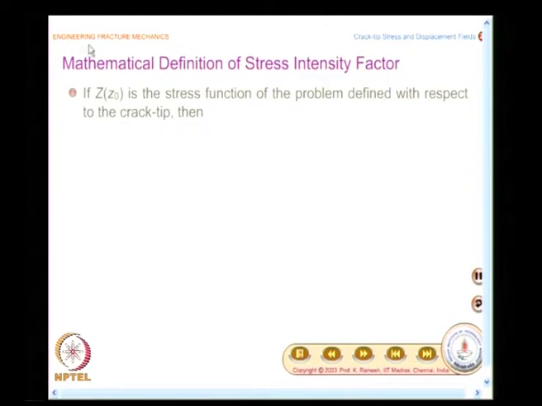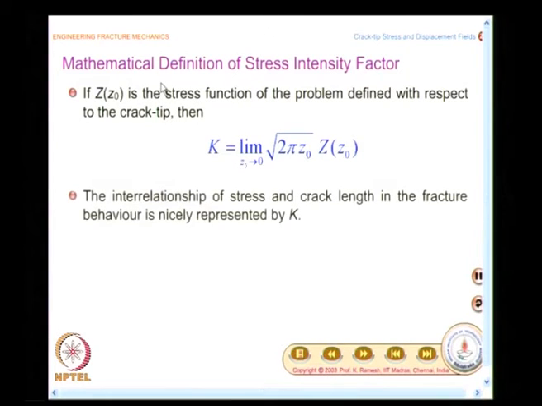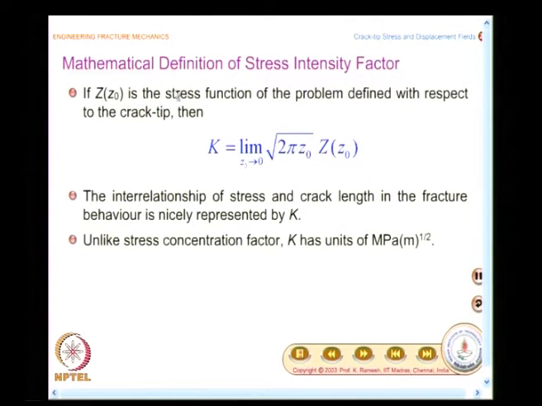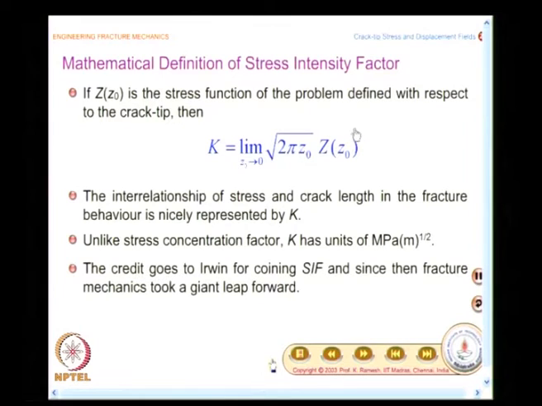So, once a stress function is given, how to find out the expression for stress intensity factor, and what is the basic definition of stress intensity factor. With these two purposes in mind, we will look at how stress intensity factor is defined mathematically. If I have a stress function Z, and mind you, it should be referred with respect to the crack tip as the origin.